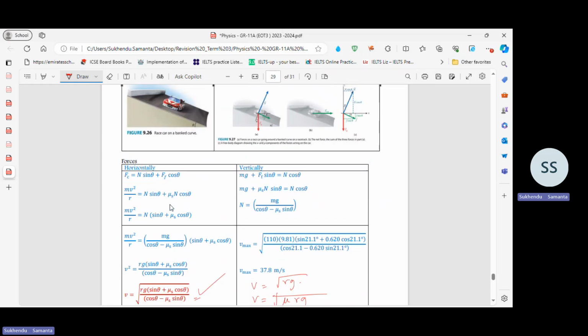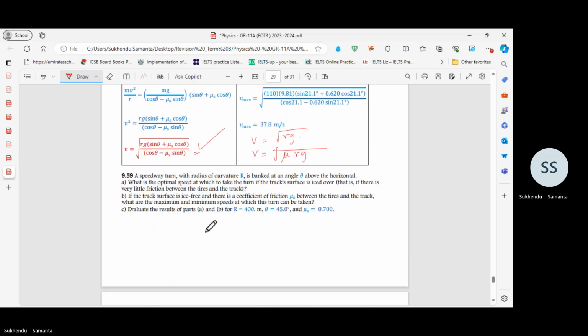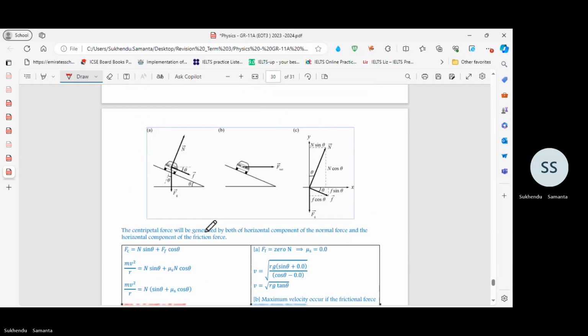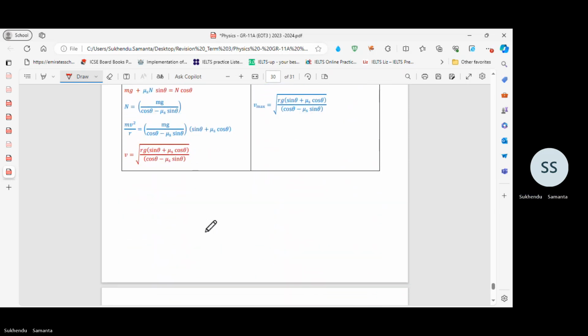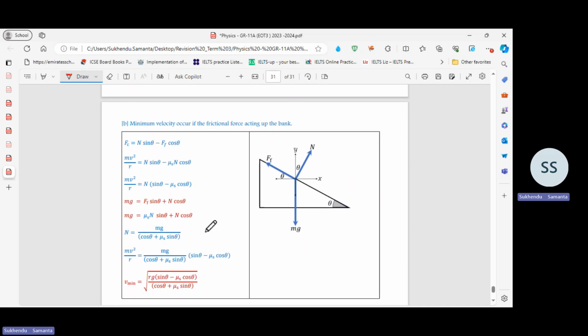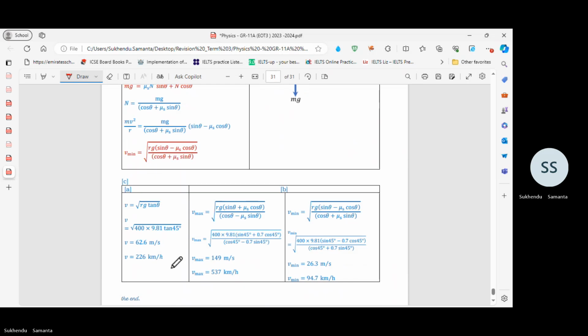Banking of the road means when the road is curved, not flat. Again, this is the same formula. So definitely they are going to ask a question from this formula especially.